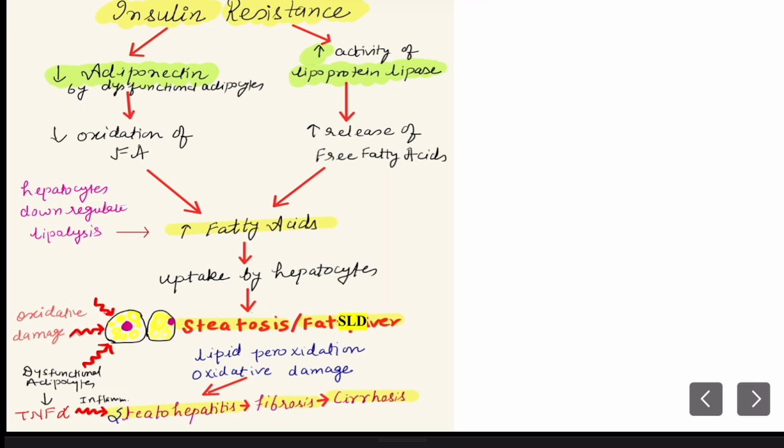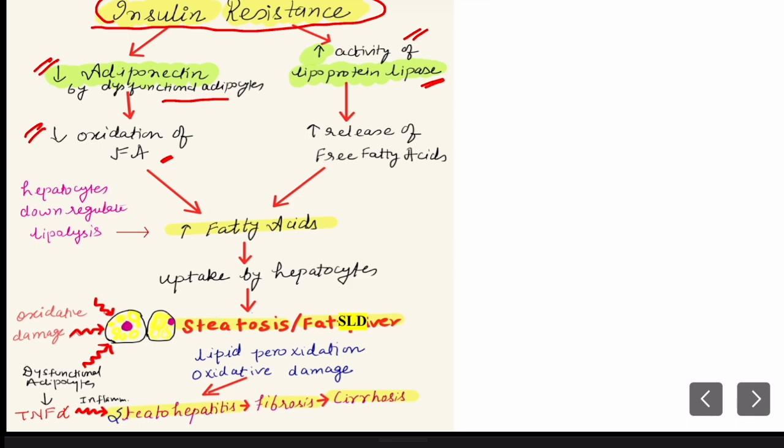Now let's move on to the pathogenesis. So if the patient is obese, he has a lot of visceral fat, there is presence of insulin resistance, and because of the insulin resistance, there is a lot of dysfunctional adipose tissue, and those dysfunctional adipocytes have decreased production of adiponectin, because of which there is decreased oxidation of fatty acids, and there is also increased activity of lipoprotein lipase.